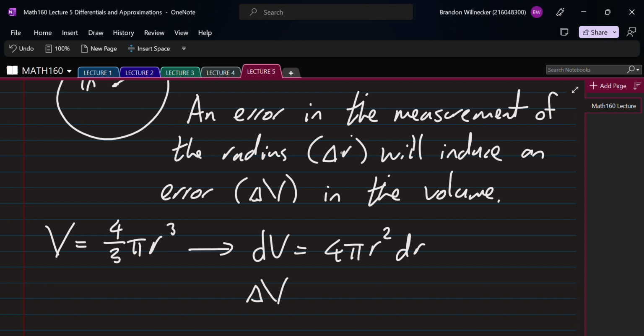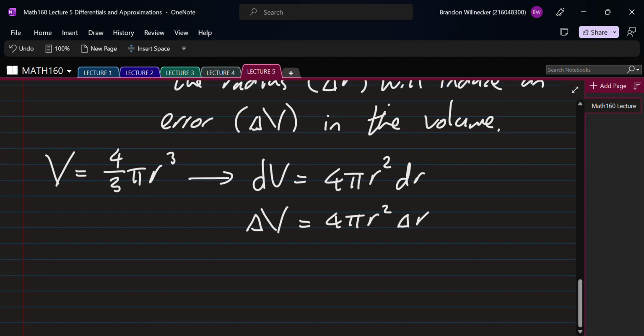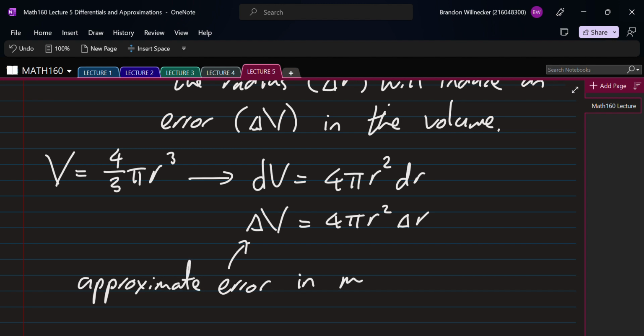So here we have delta V equals 4 pi r squared delta r. If we know the radius that we measured and we know the error in our measurement, we can approximate the error in the measured volume. So this is the approximate error in measuring the volume.